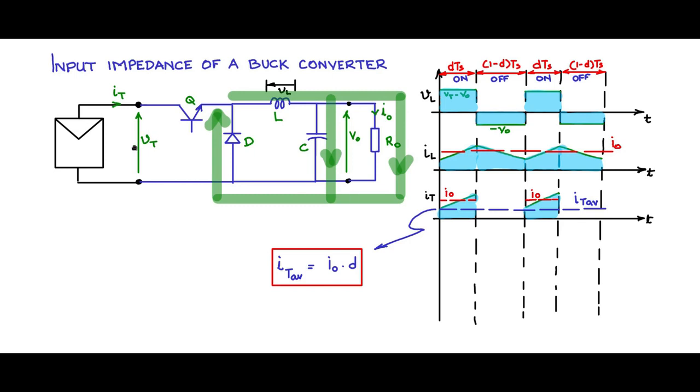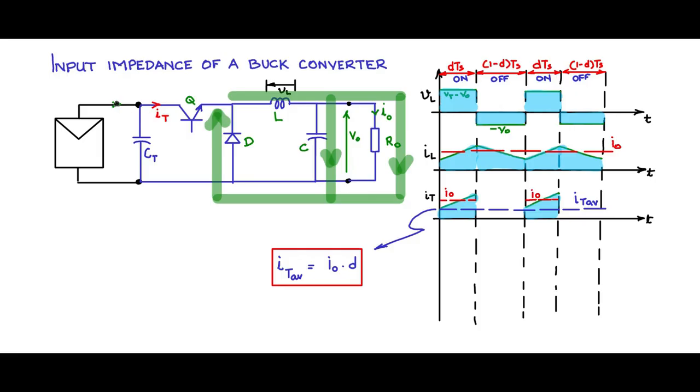So let me do some modifications here. Let me erase this and also that, and here I will place a capacitor, CT. The current that is flowing here, I will name as IT, as it was originally IT, which was flowing into the Q when the capacitor was not there.